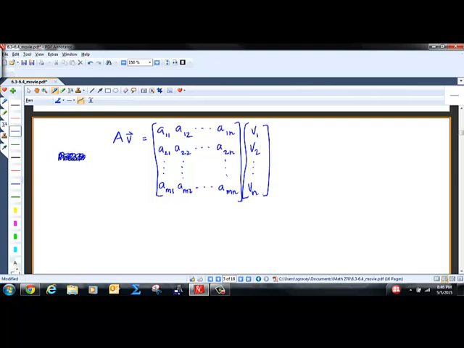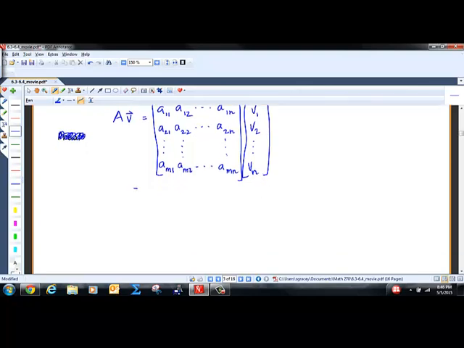So when we put that together, using matrix multiplication, do you see we'll have A11 times what? Perfect, V1, plus A, which way are we going?